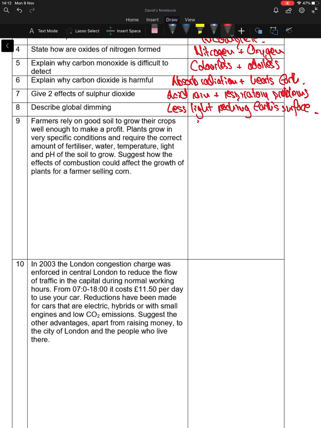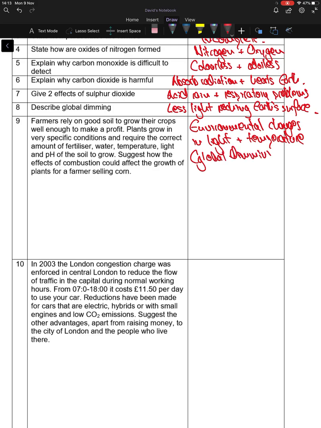So the effects of combustion could cause environmental changes in light and temperature, thinking about global dimming and warming, which obviously could change conditions so that plant growth isn't favoured.